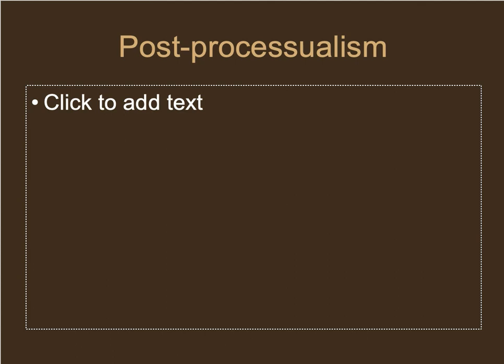So postprocessualism came into being. And today, archaeologists use both. So any archaeologist you meet will use the scientific method and ask big research questions, but they'll also use art, interpretation, and other fields to look at other aspects of a society.